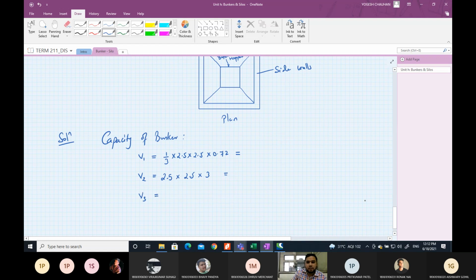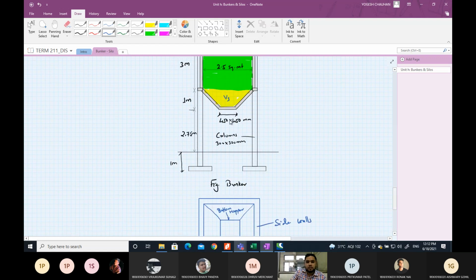And your V3, which is actually a trapezoidal, a trapezium.